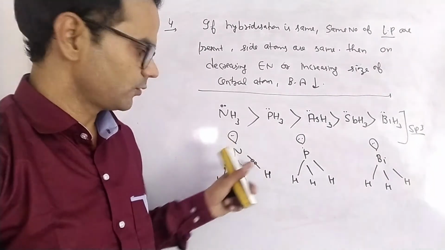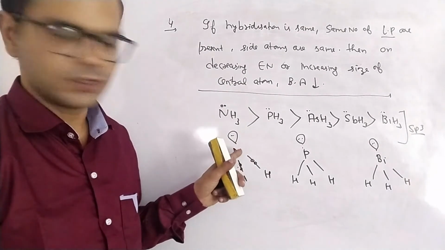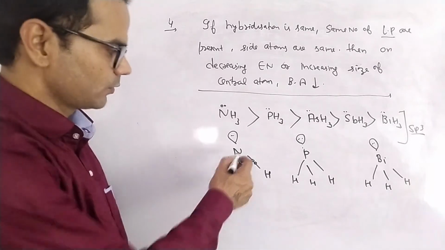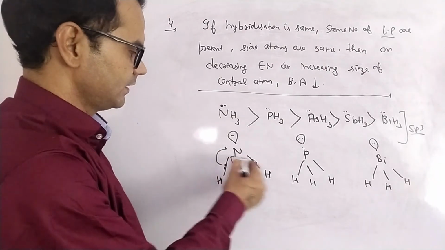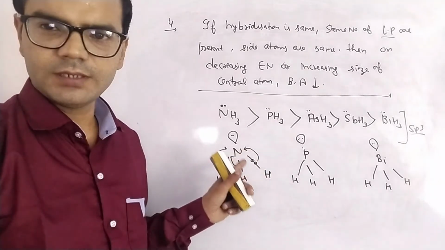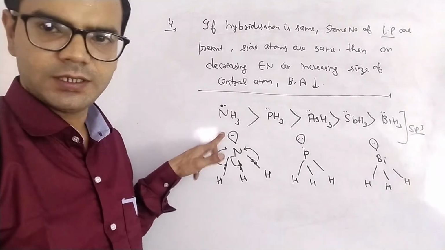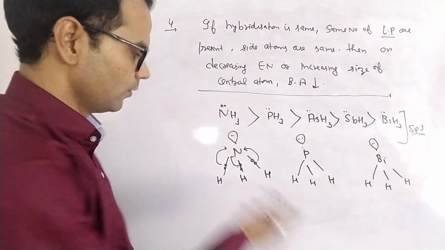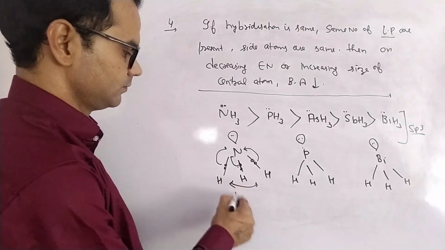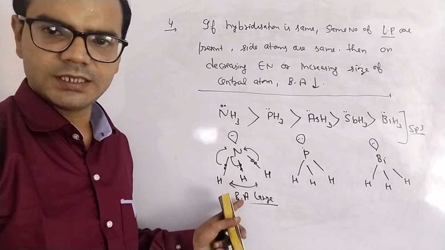Around nitrogen there are three bonded pairs of electrons. These electrons will be attracted towards the more electronegative atom. Nitrogen is more electronegative, so these electrons will be attracted towards nitrogen. As a result, there will be repulsion between the lone pair and the three bond pairs. This molecule will expand, and the bond angle is large here.